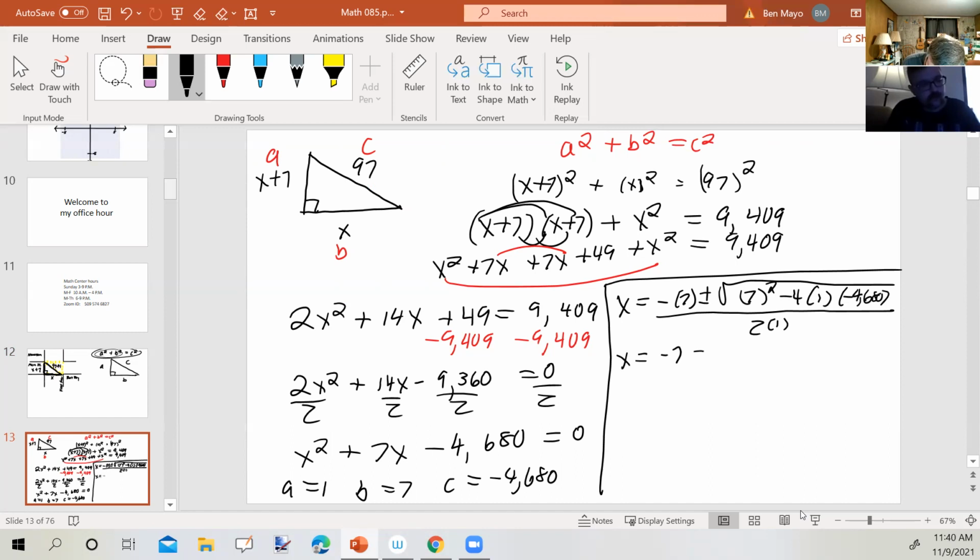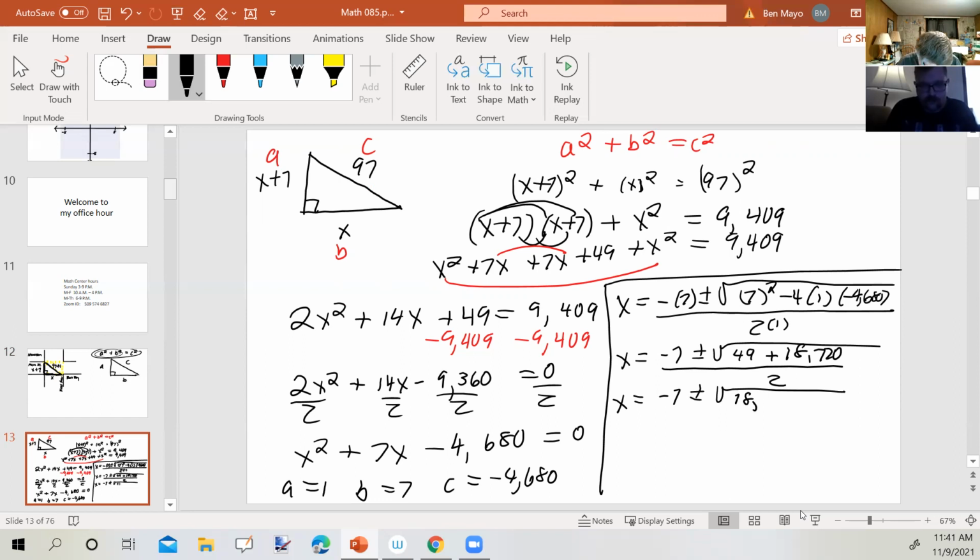X equals negative 7 plus or minus the square root of 49. And then we've got minus 4 times 1, which is negative 4, times negative 4,680, which is positive 18,720, all over 2.